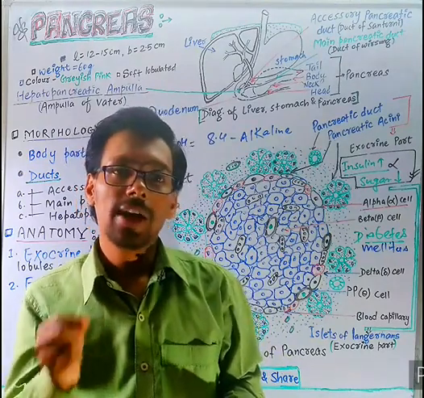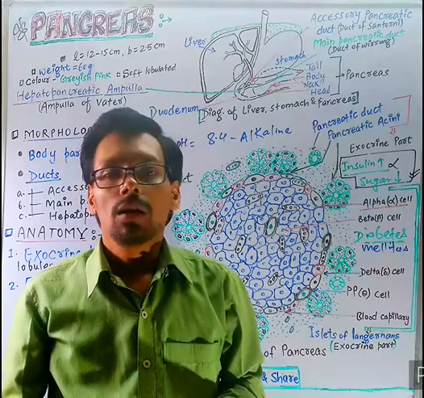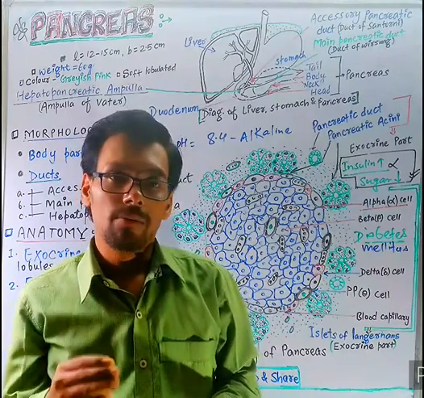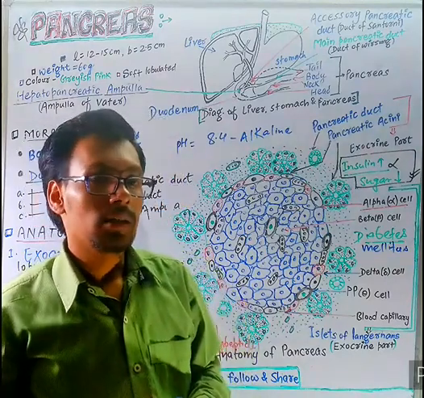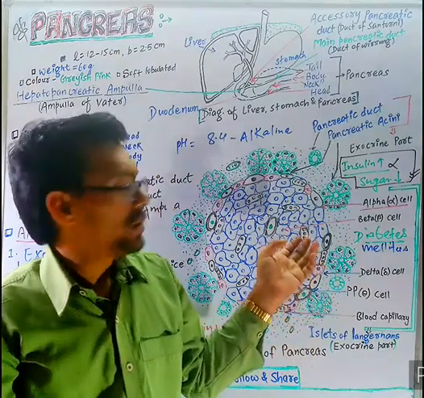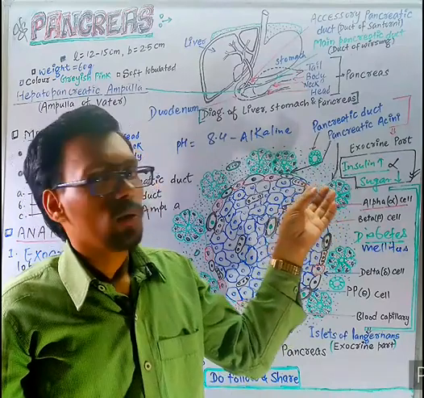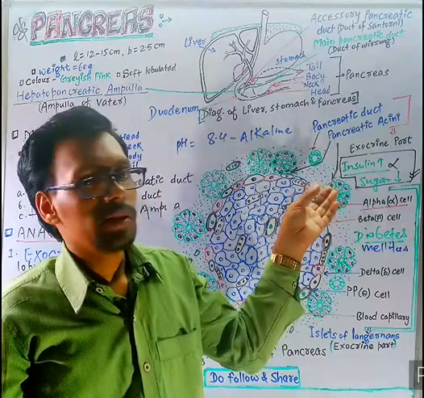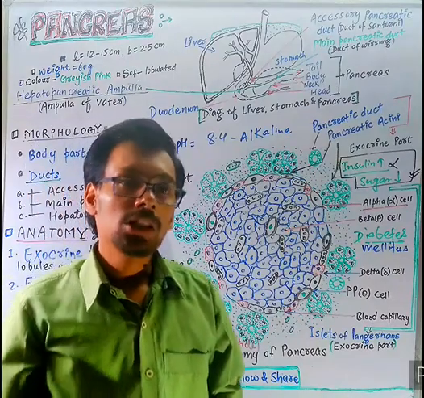Trypsinogen reacts with succus entericus, the intestinal juice, and changes from inactive into active trypsin. Then trypsin reacts with the inactive chymotrypsinogen and procarboxypeptidase, converting them into chymotrypsin and carboxypeptidase.